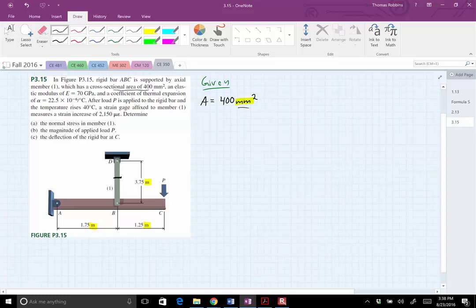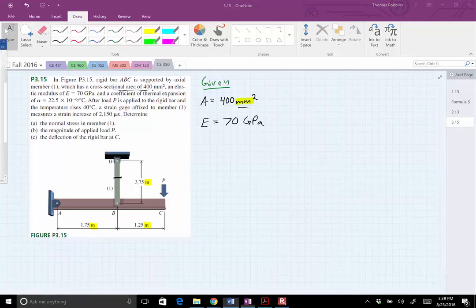The next says the elastic modulus, or Young's modulus, is E equals 70 gigapascals, right? So this might be a good time to stop real quick and ask, what is a gigapascal? What is a pascal?